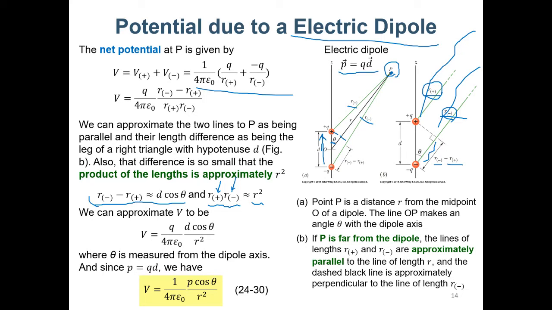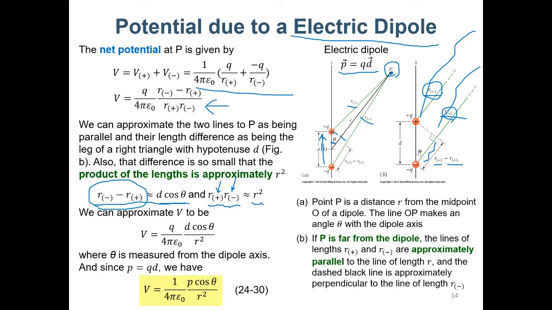But when we calculate the difference, we cannot consider them the same, because then r minus minus r plus would be 0 and there would be nothing left. So we make this approximation, so that r minus minus r plus is d cosine theta, and r plus times r minus is r squared, and then we can substitute it into the denominator and the numerator.